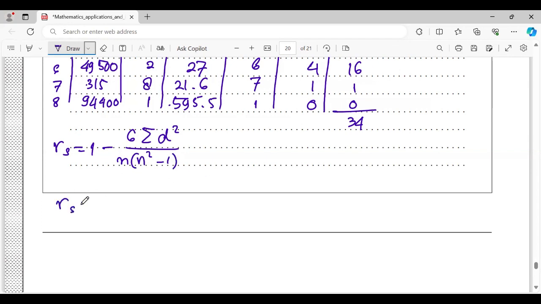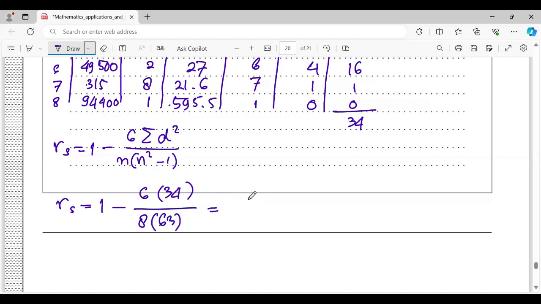So RS equals 1 minus 6 times 34 over 8 times 64 minus 1, which is 63.